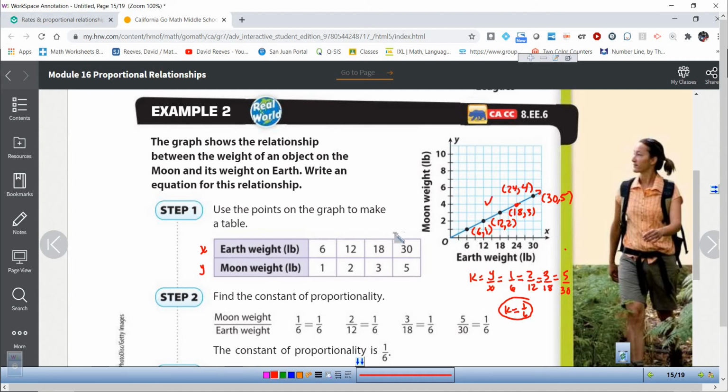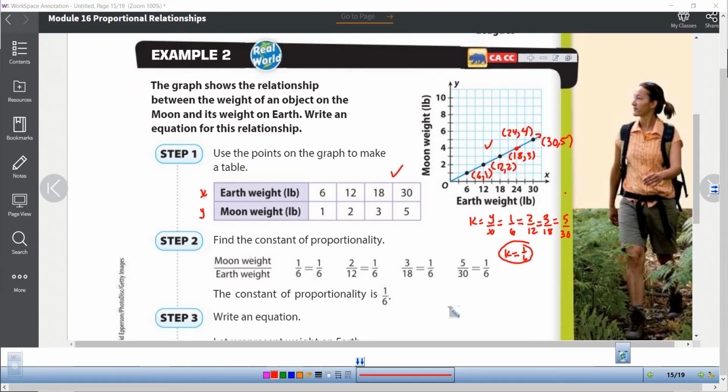So here's our graph, here's our table, and our equation would be y equals 1/6 x, right? And the great thing about the equation is now I can pick any value of x and find out what y is. So if I said a person on Earth weighs 300 pounds, how much would they weigh on the moon?